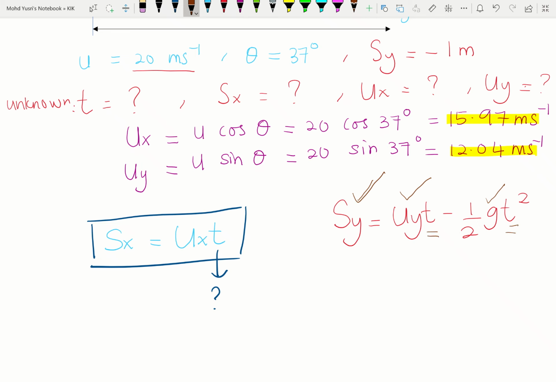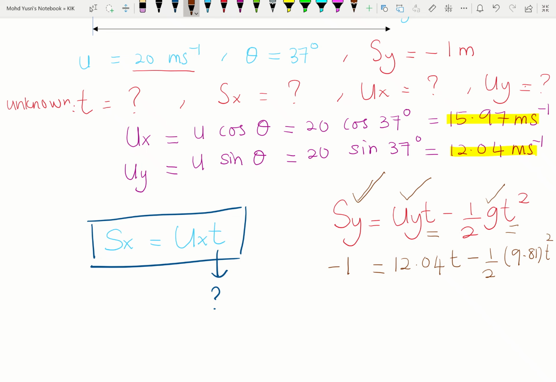So let's substitute the values we already have. Sy is equal to -1, Uy we already calculated, which is 12.05, times t, minus half, and then substitute 9.81 t squared.